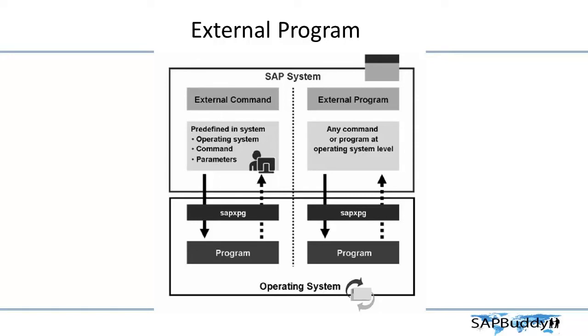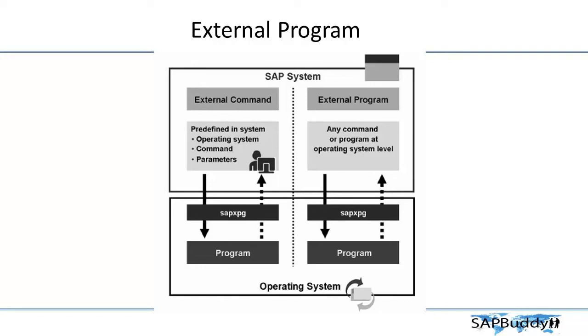So here the external program does not make much difference whether it is a command or a program. However, if it is a command, you can execute it with parameters. So when you are using this command, you can execute it with different parameters. Okay, that is the difference between external command and external program.